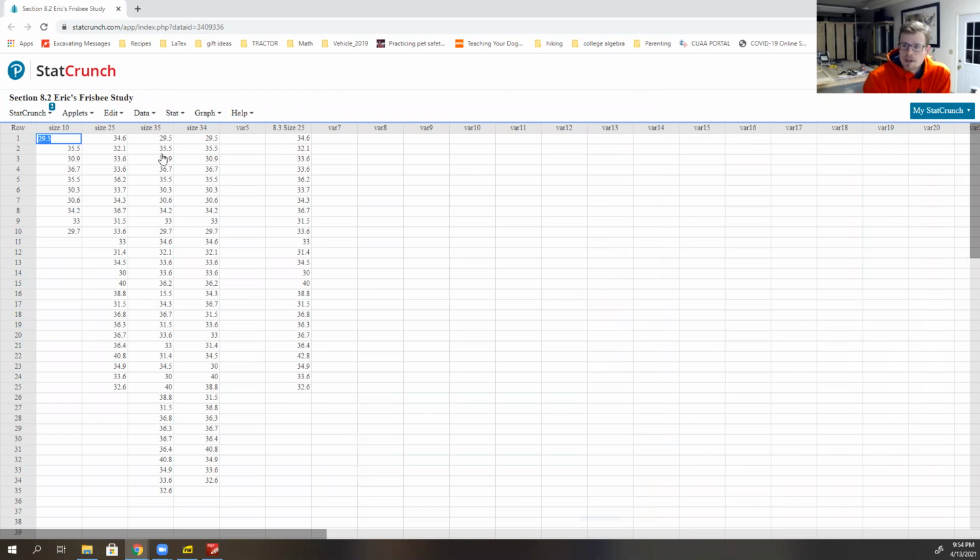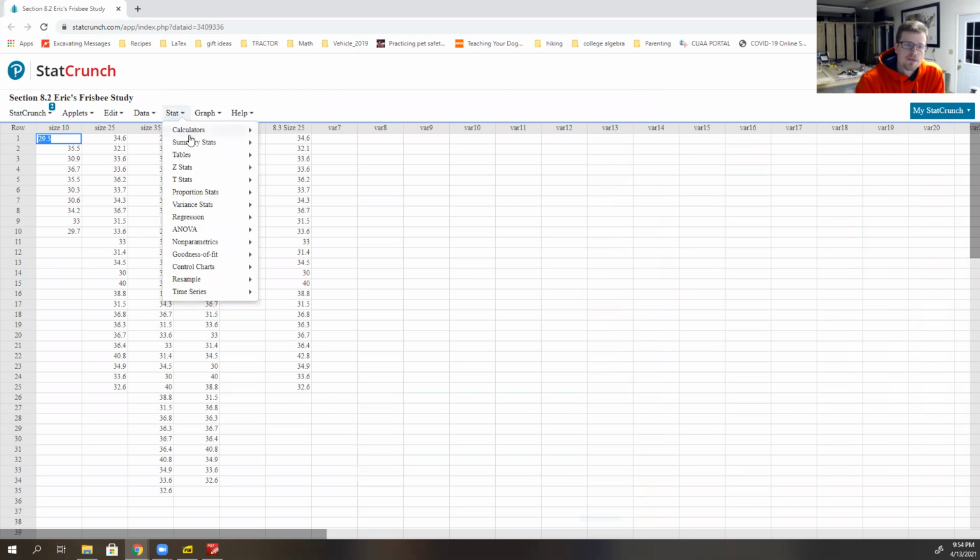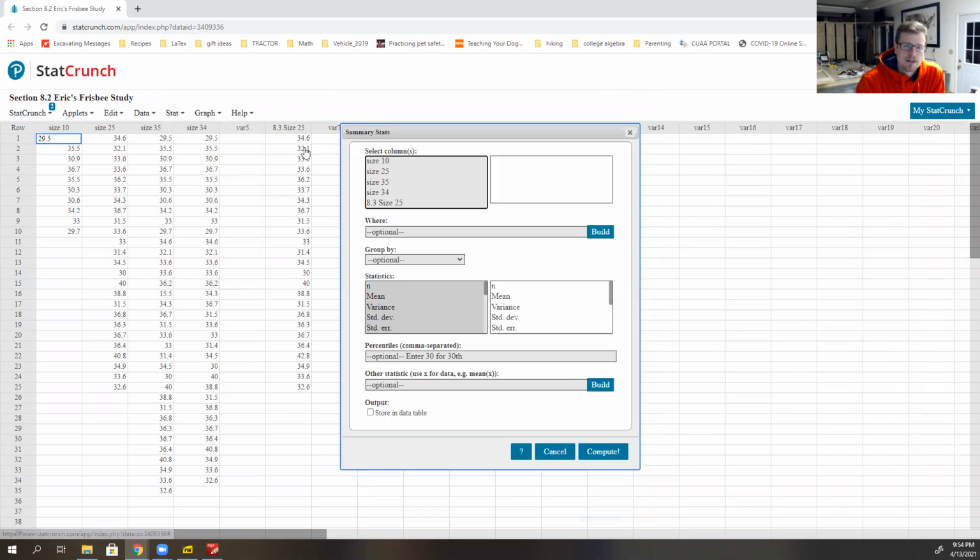All right, in our computations, we are going to need the mean of the sample. So we should also find that. So we want to find a summary statistic of the column of size 34. There we go. And all that I'm really interested in is the mean, but maybe it's good to double check how many are in there.